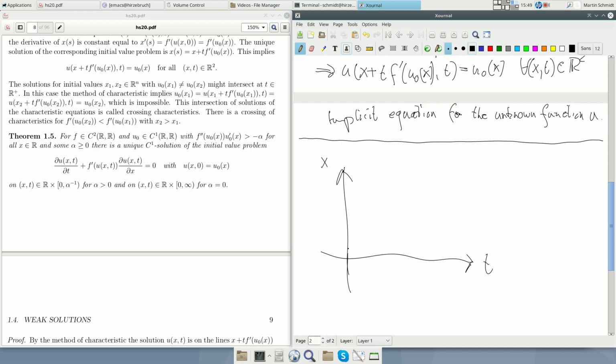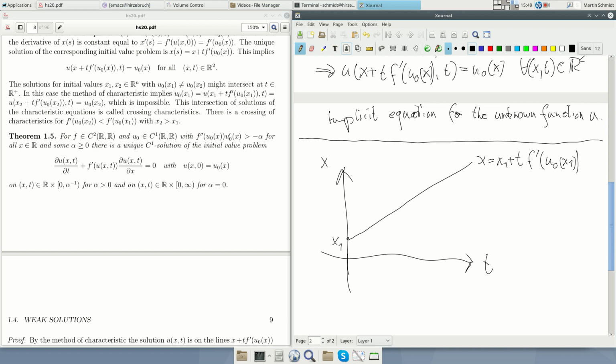When we have some point, let's say x1, then along this line we have the equation x is equal to x1 plus t times f prime of u0 of x1.